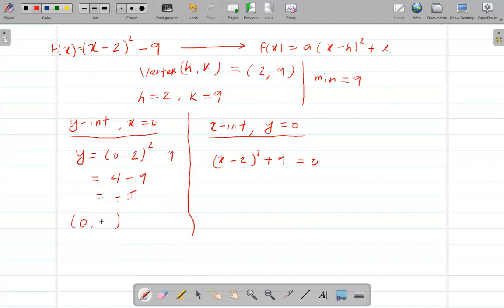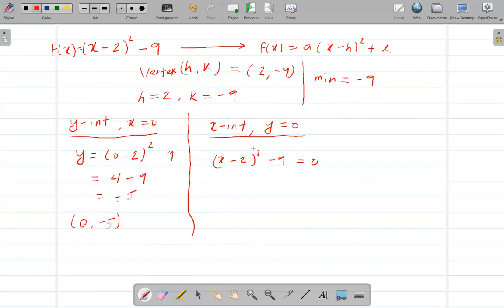And here the minimum is negative 9. The reason I don't want the positive is that I would get an imaginary number.